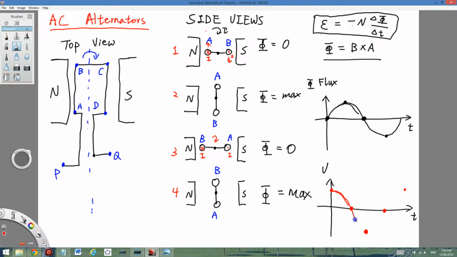If you sketch it, you have a cosine graph. So have a look at it carefully. You'll find it in your textbook or in your notes, page 3.3.